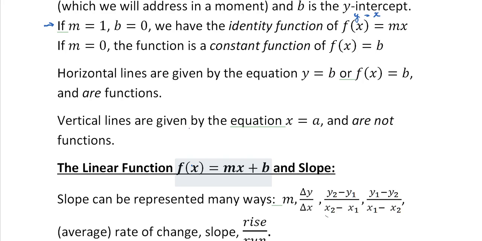They are not functions because they pass through one input, and you get infinitely many solutions for an output. So that is clearly not one input, one output. Vertical lines are the only case where lines are not a function.